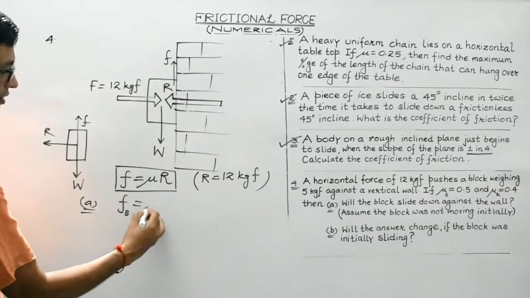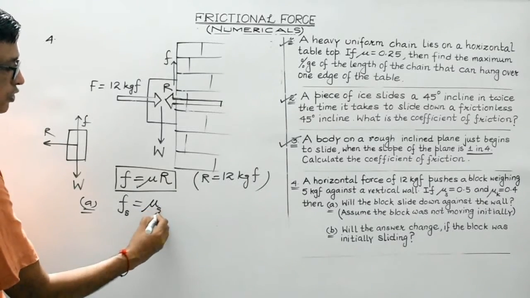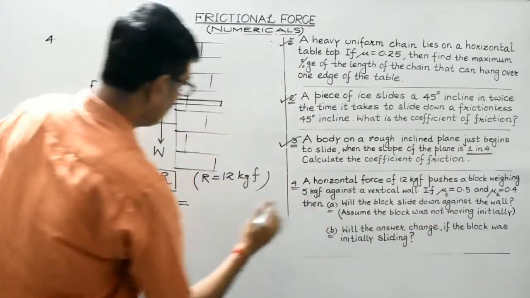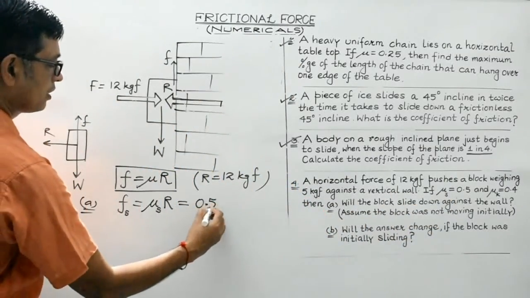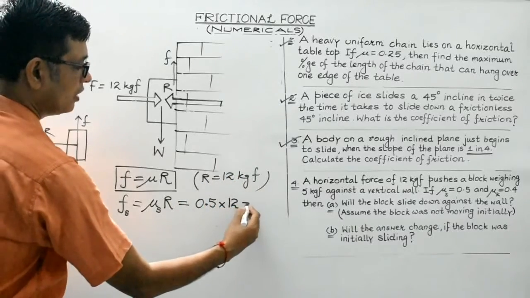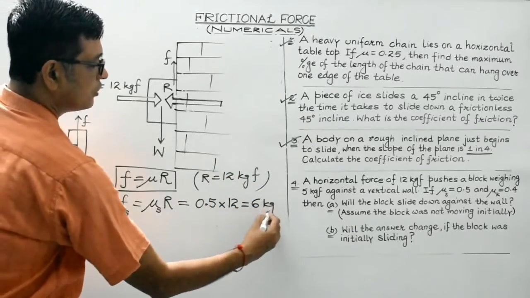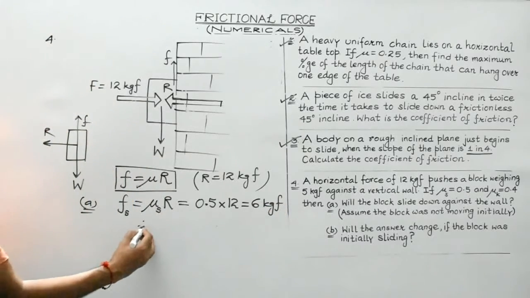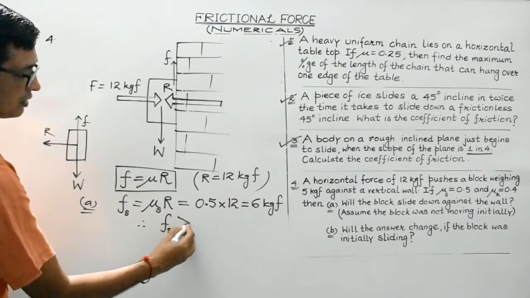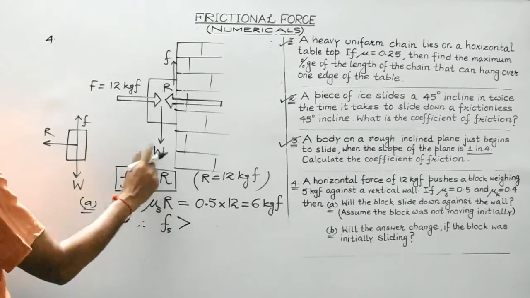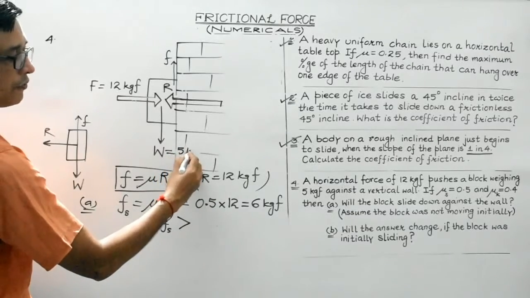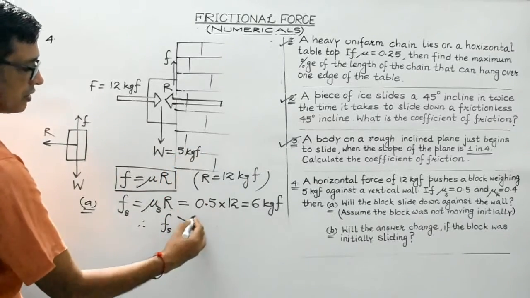In this case, we need to consider the coefficient of static friction, which is 0.5, multiplied by R, which is 12 kgf. So it will be equal to 6 kgf. Therefore Fs, the static friction, which is 6 kgf, is greater than the weight. The weight of the block is given to be 5 kgf, isn't it?